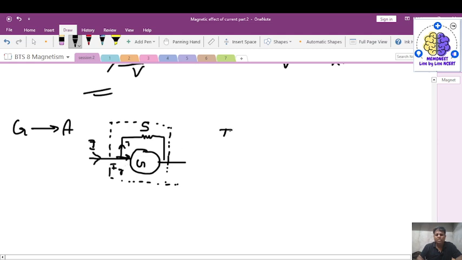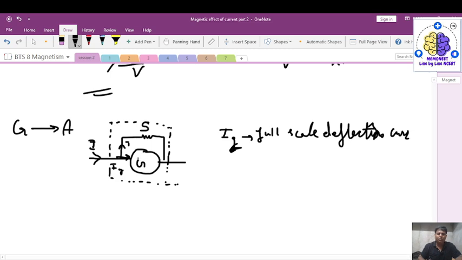Ig is known as the full scale deflection current. That is, when Ig flows in the galvanometer, it will show its full deflection, that is, move from 0 to the last value.